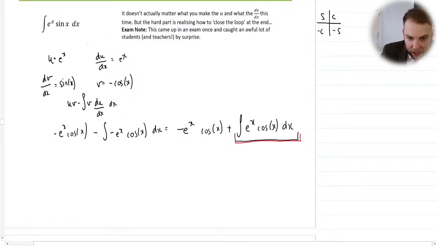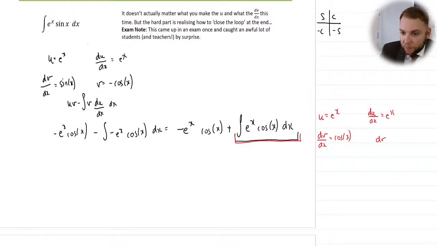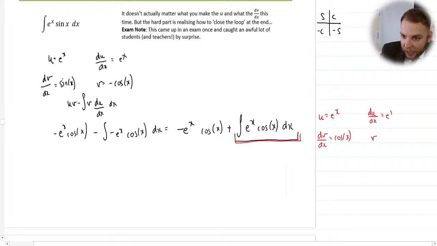So it's going to be set u equal to e to the x, set dv by dx equal to cos of x, and then du by dx is equal to e to the x, and v, the integral of dv by dx, is equal to, cos integrates to sine of x. So let's just sub all of this in.